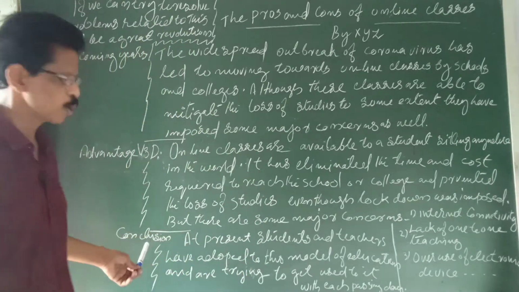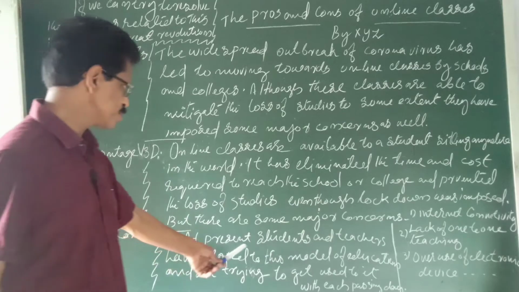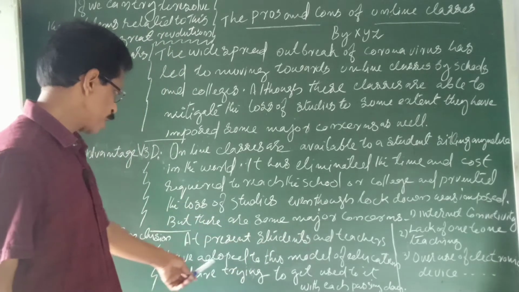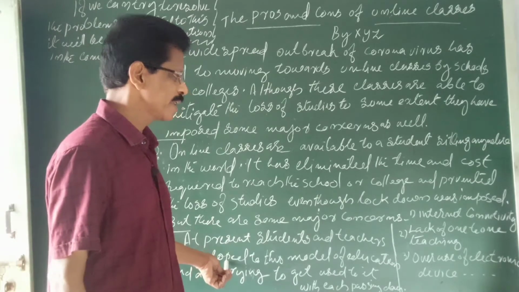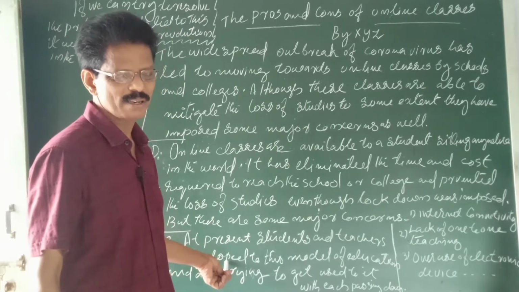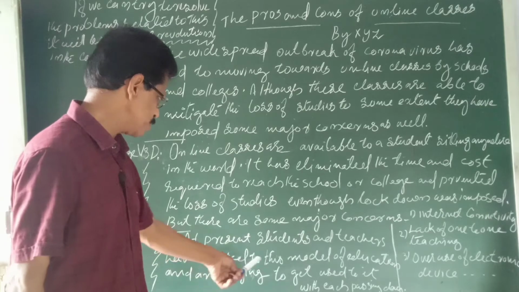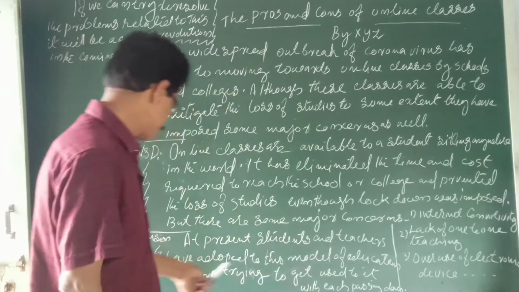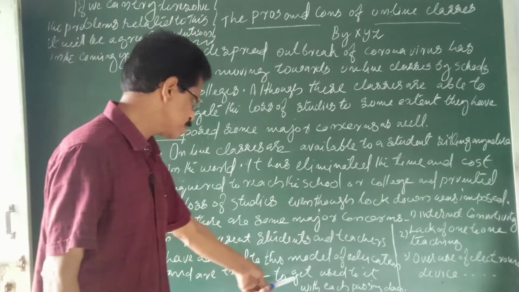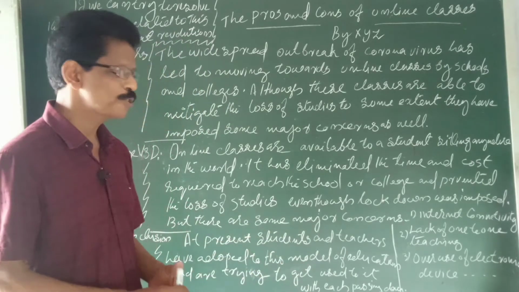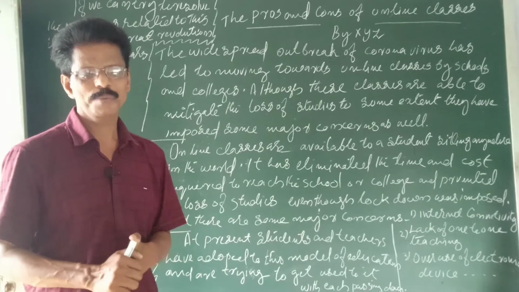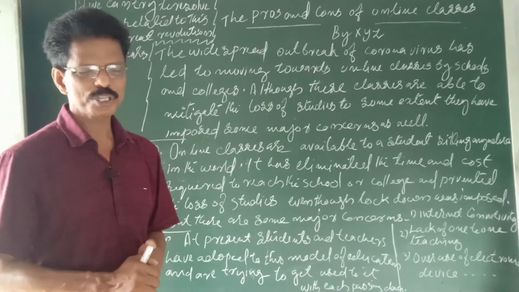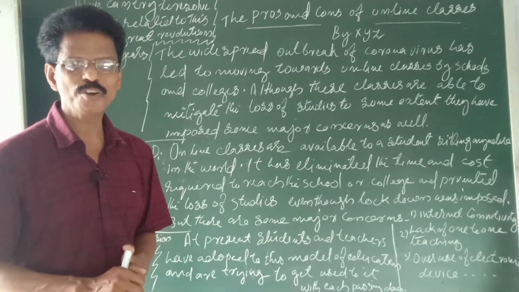Now comes the conclusion. At present, students and teachers have adopted, in spite of all the demerits and disadvantages, this model of education, and are trying to get used to it. With each passing day, we have to adjust to that. That is only possible. We cannot find any other solution as lockdown is still continuing.